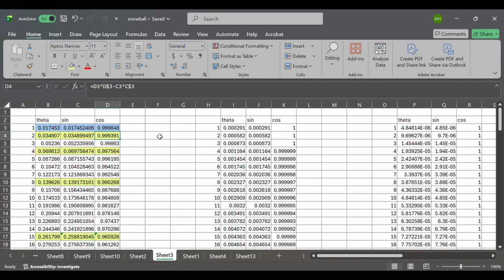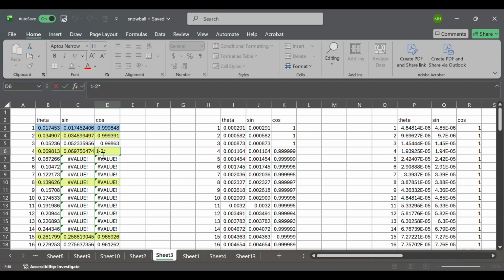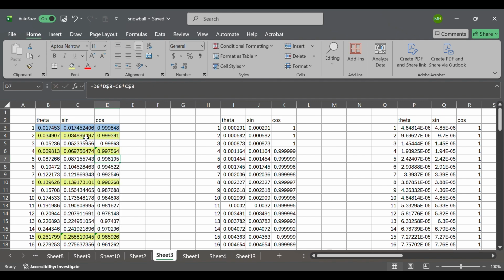Now we go the opposite way. Here we're going to double. 1 minus 2 sine squared. We're going to do the same thing. 1 minus 2 sine squared. Whoops, I got to put the equal sign in there. Okay, yeah, that'll fix the problem. 1 minus 2 sine squared.